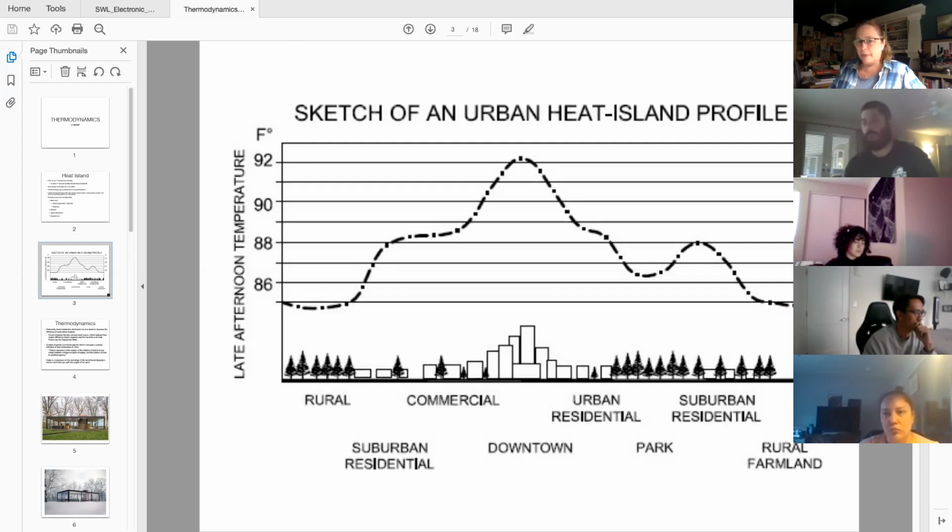Cool roofs, that's similar to whitewashing, is that they're trying to create roof surfaces that reflect more, so less solar heat gain is getting absorbed by the building, more of it's reflecting back to the atmosphere.